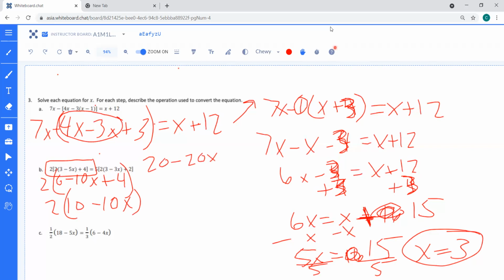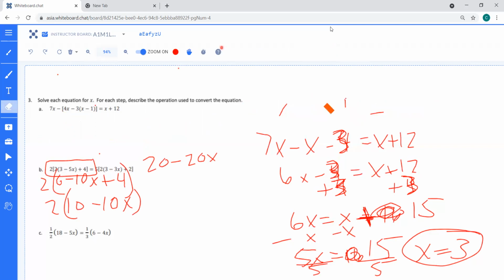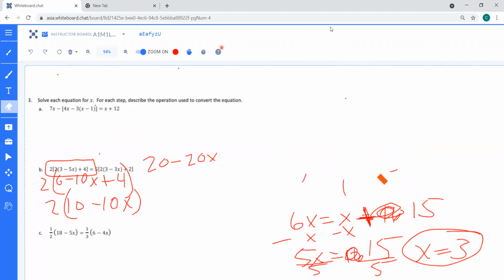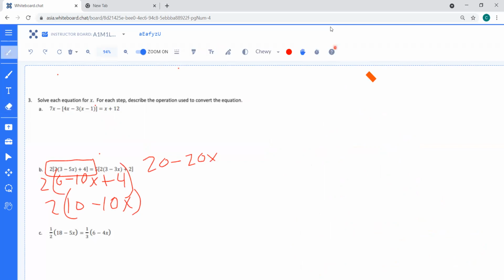Now I'm going to come over here and erase all this, and I'm going to work the other side of the equation as far as I can. Whenever you have a bunch of distributive property stuff, you probably just need to work it out as far as you can and then try to work across the equal sign.